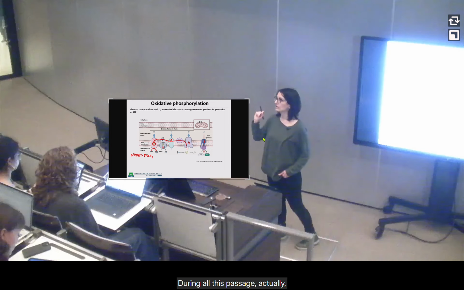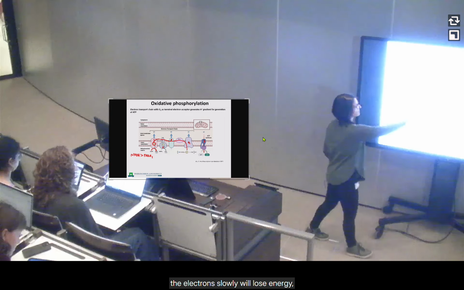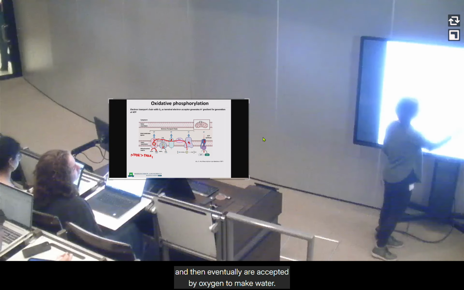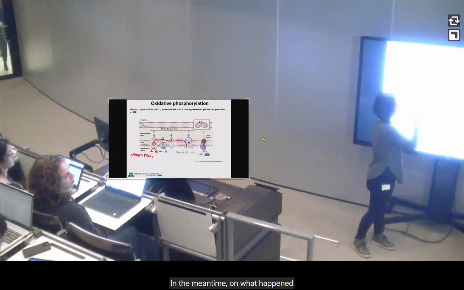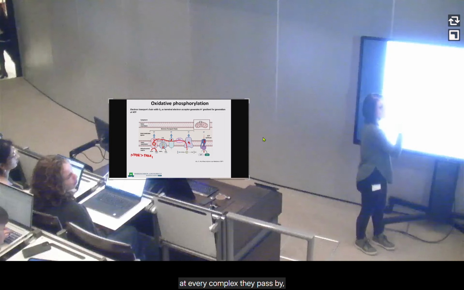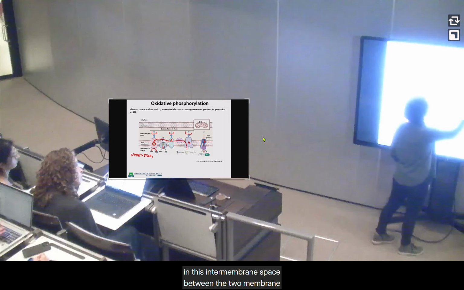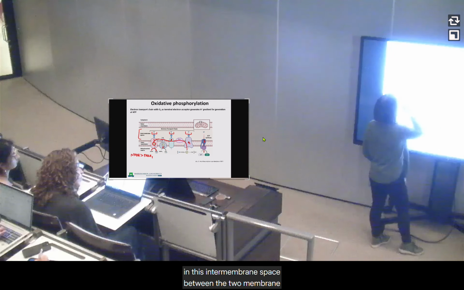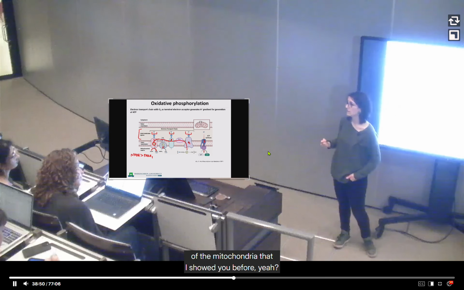During all this passage, actually, the electrons slowly will lose energy, and then eventually are accepted by oxygen to make water. In the meantime, what happens at every complex they pass by, protons are actually pumped out in this intermembrane space between the two membranes of the mitochondria that I showed you before. Yeah?